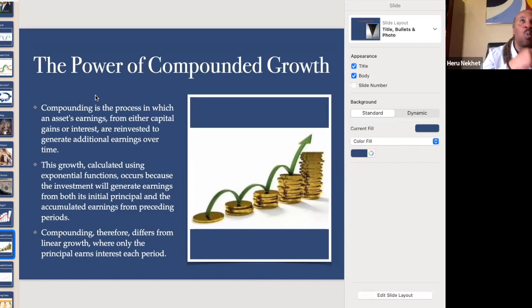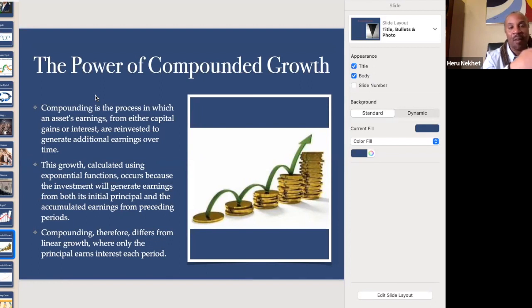So we don't want linear growth. What we want is compounded growth, meaning we want our money to start making money for us so it grows out, right? So it grows like this V, meaning if I have some money, I want to put it in a vehicle that's going to give it interest or some type of return. So if we had, let's say, $1,000 and it has 10%, because that's the number we're shooting for.